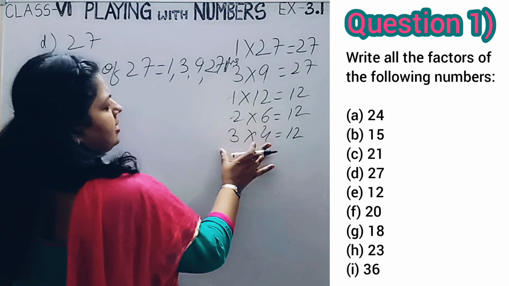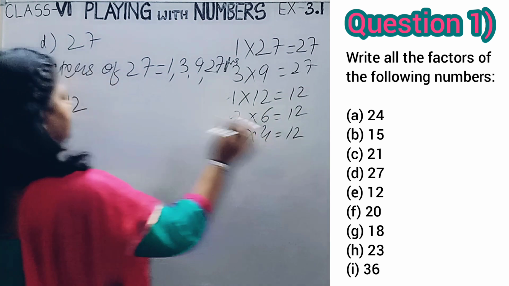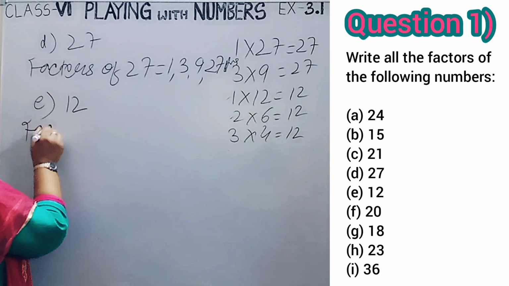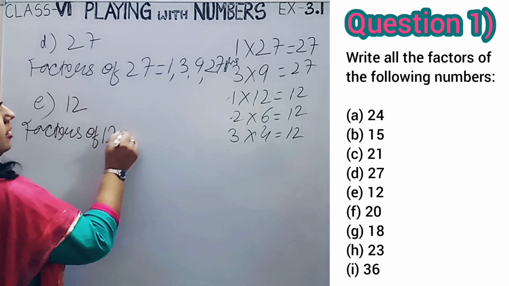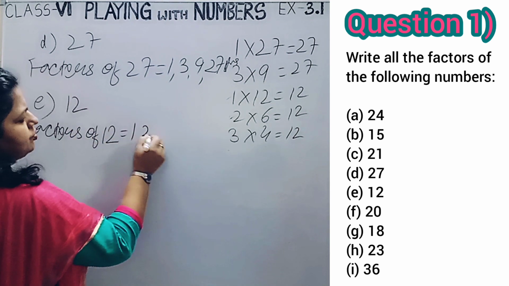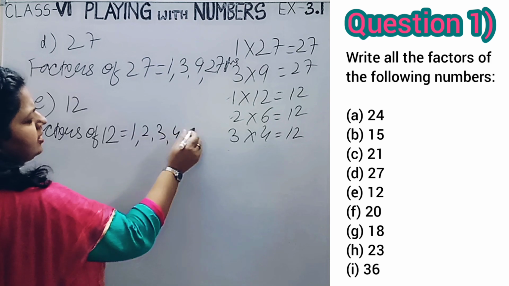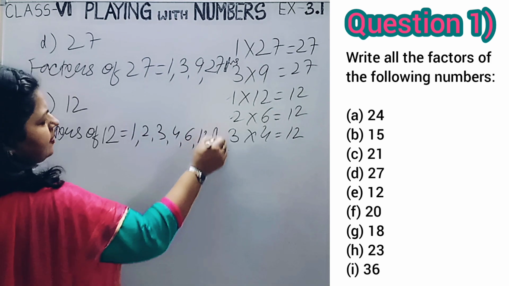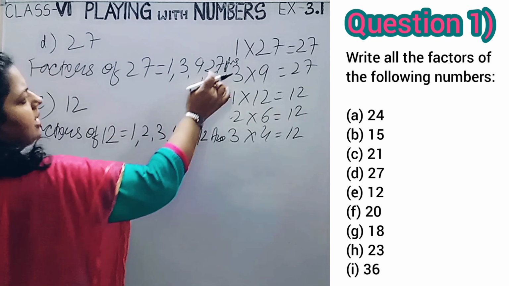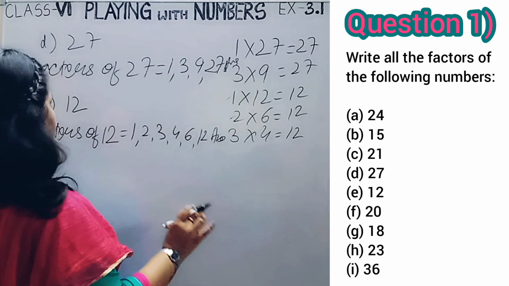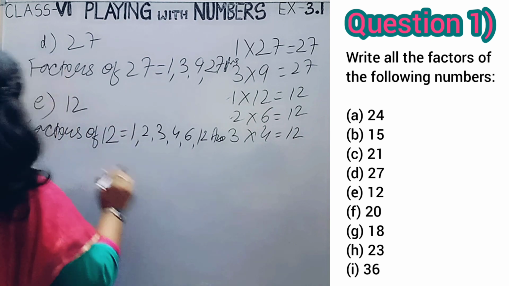So these numbers are divisors of 12. Factors of 12: 1, 2, 3, 4, 6, 12. Here you can see that 1 and the number itself are always factors of the given number.